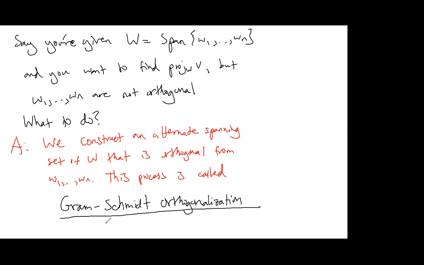What this does is you start with some vectors like W1 through Wn, and you perform this process called Gram-Schmidt, and this converts them into another collection of vectors that are orthogonal, and they span the same space. So how does this work? Let's do a small example.